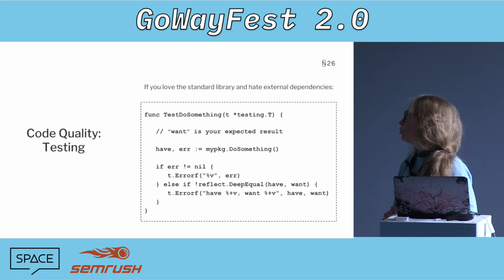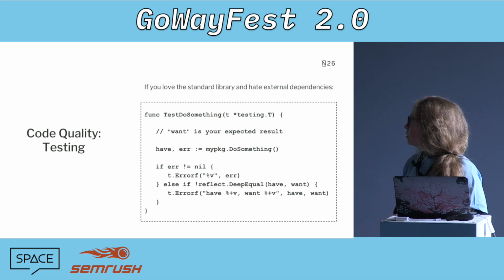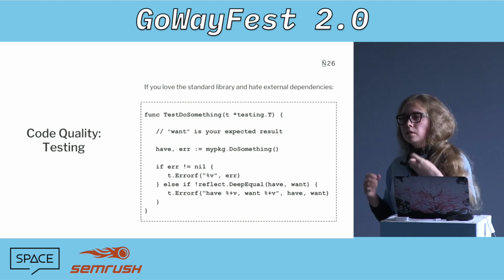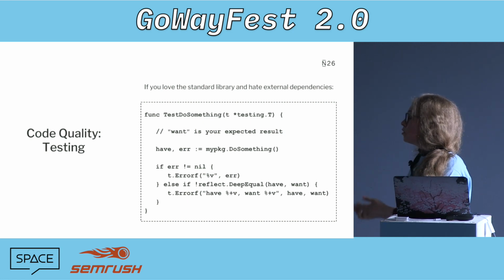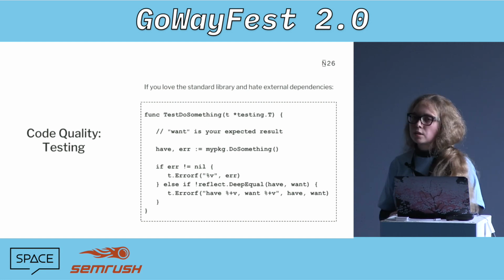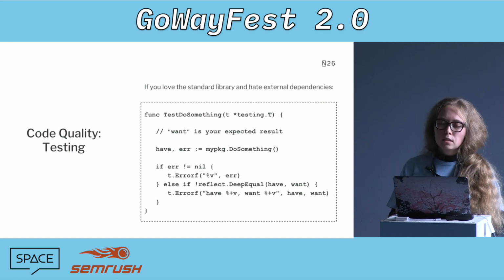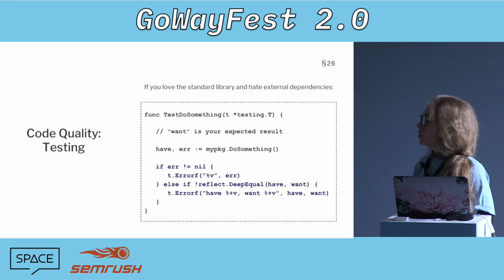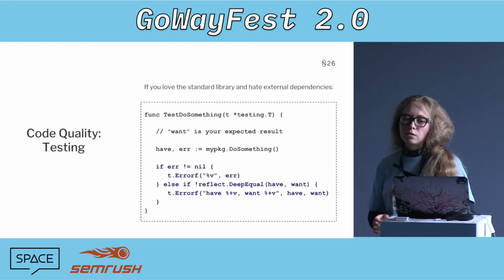And you might see a lot of this kind of statement. When you call a function, first of all, you need to check it for errors. And if there are no errors, you can check it for equality. And actually, these four lines are what you will always have in your tests.